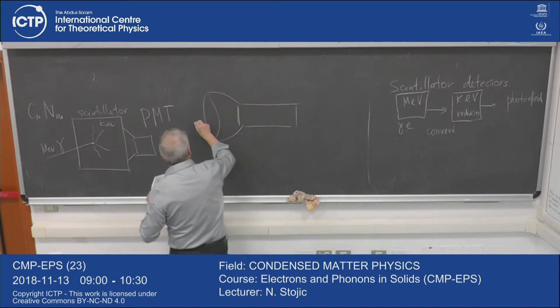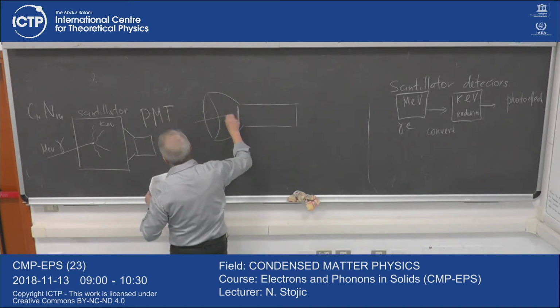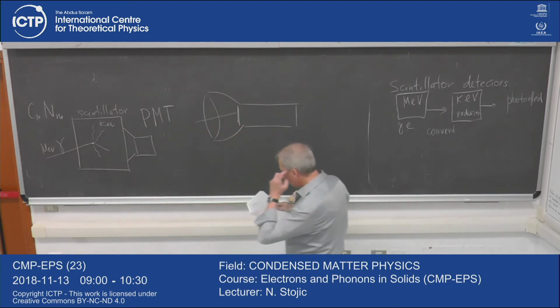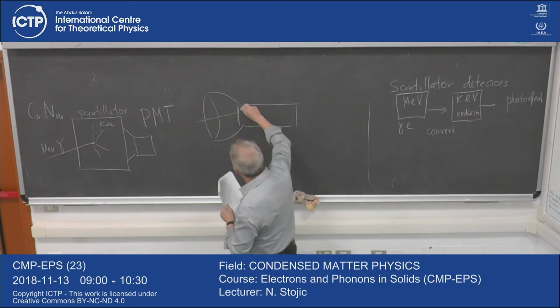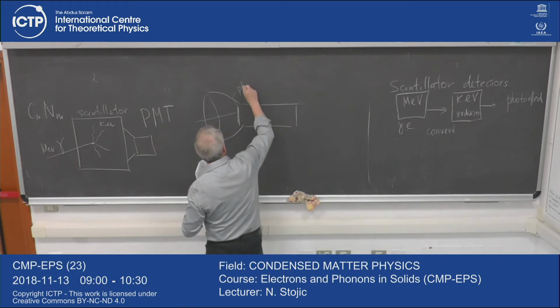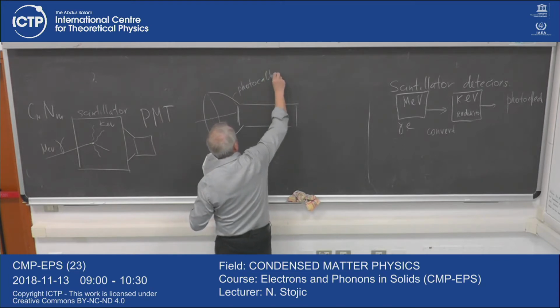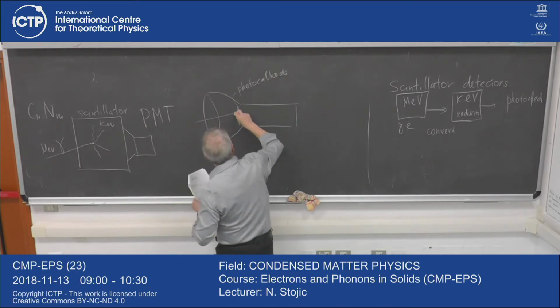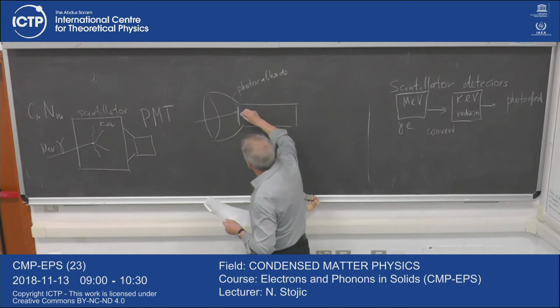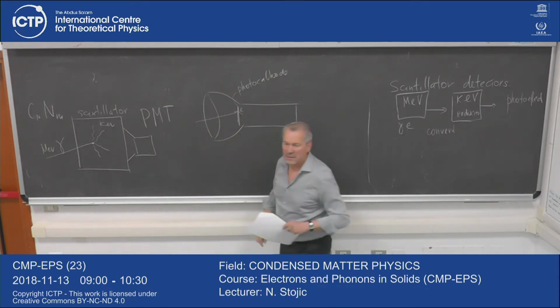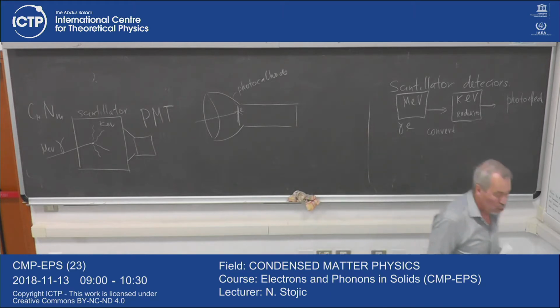A low energy photon, in the keV range, enters here, and here we have the photocathode. It interacts with the photocathode and produces an electron due to the photo effect.